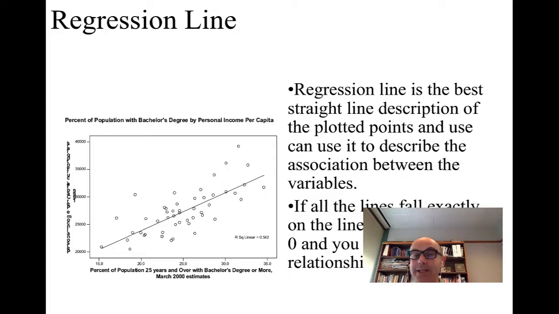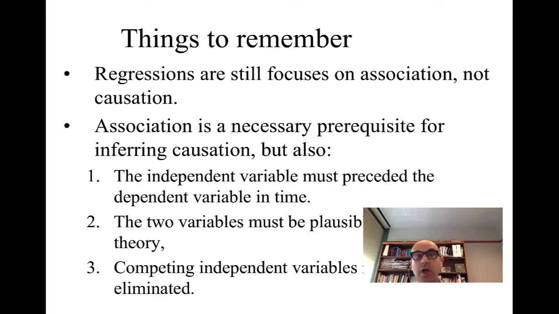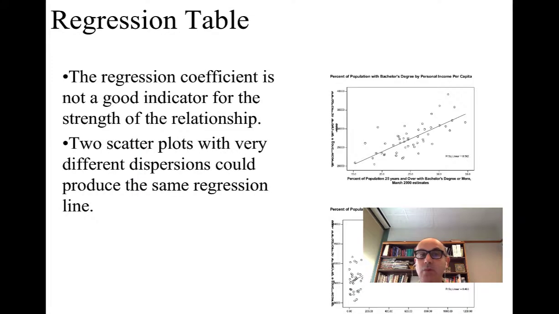And they would all fall exactly on the line if you were trying to make a perfect relationship between the two variables. So things to remember about regression: it is association, and it needs the measurements of the independent versus the dependent variables at the same time. That's what we are trying to measure.